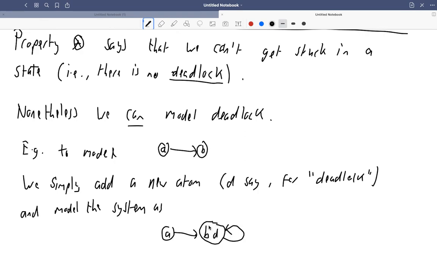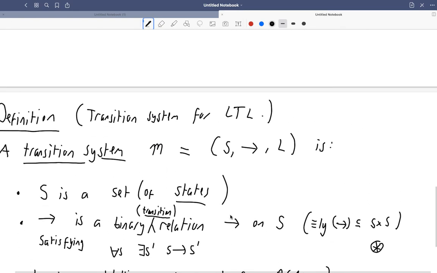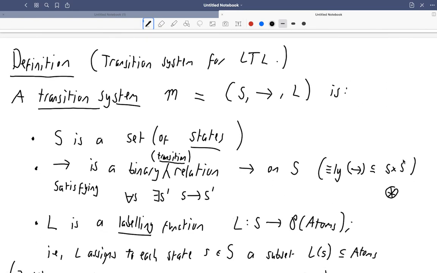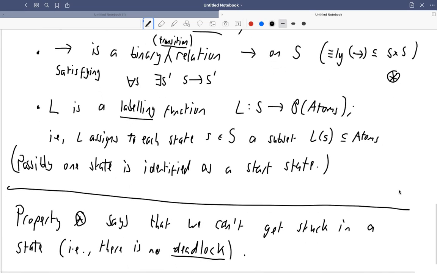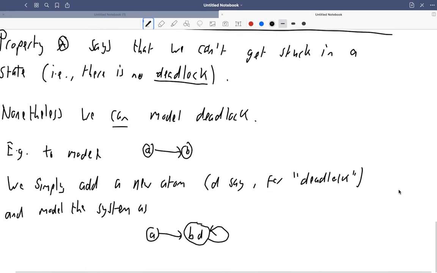so what we do is we add a self loop here from the state to itself, because in order to satisfy this condition star here, we need to have a transition out of this state to some other state, but we flag in the properties that this state enjoys, that is the atoms we have holding at the state, we add the special atom that says this is a deadlock state.